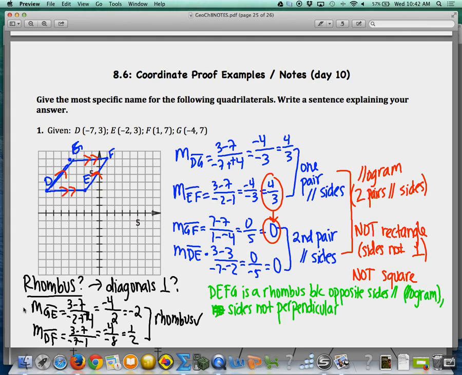Not a rectangle, not a square. And lastly, the diagonals were perpendicular. And that showed us that it was a rhombus.